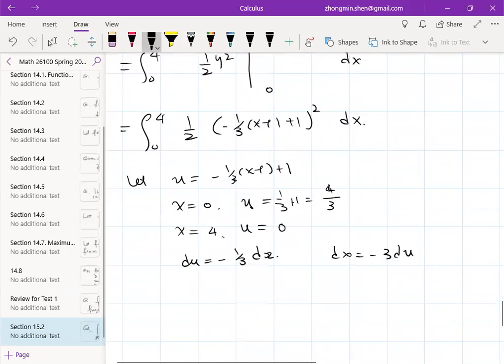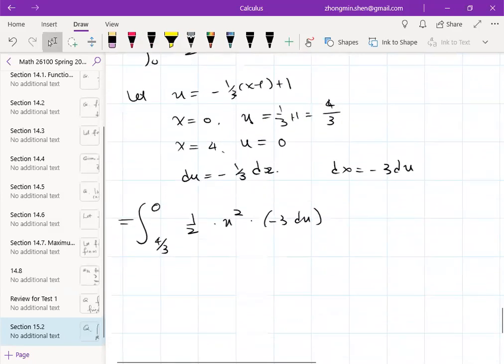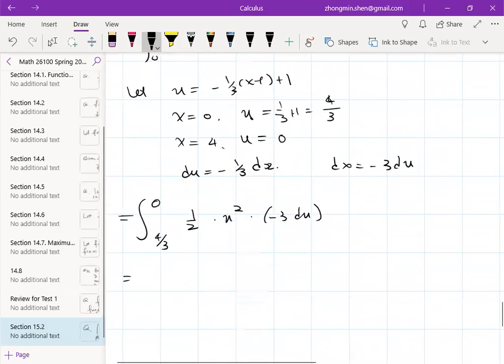So the integral above is, when x equals 0, u is 4/3, and when x equals 4, u is 0. It's 1/2 u squared times negative 3 du. That saves you lots of time too, right? The negative sign can be used to rearrange the domain of the interval.